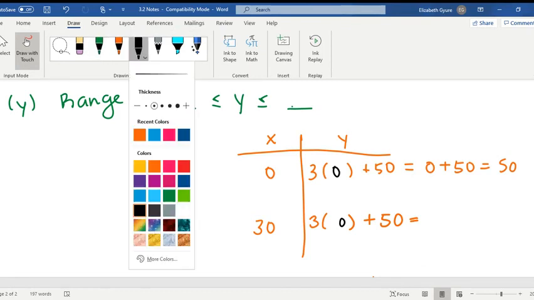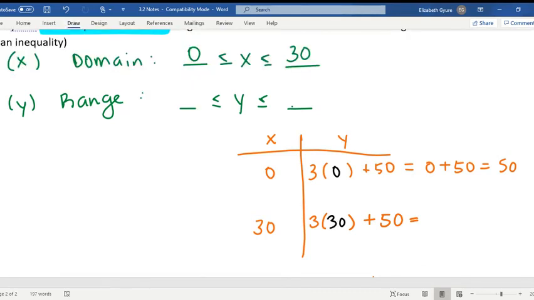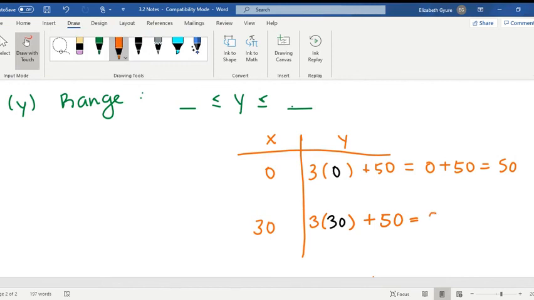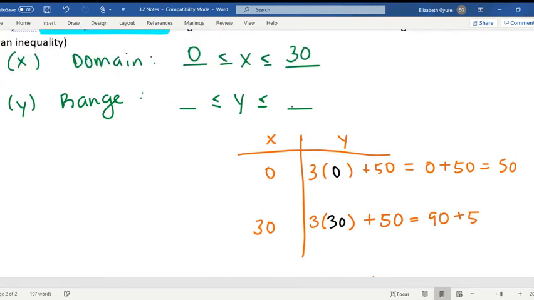Yep, 3 times 30 is 90. 90 plus 50 would be what? 140. Good. So that is the most they could charge you. So now I know the least and the most. So put the least on the left. That's the least you might pay. And the most you might pay is 140.